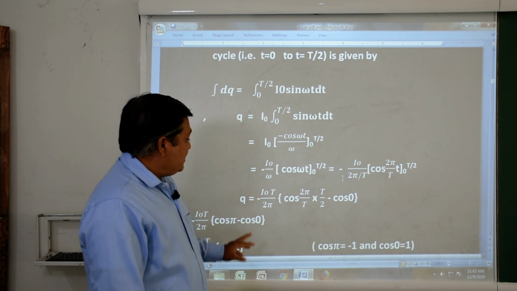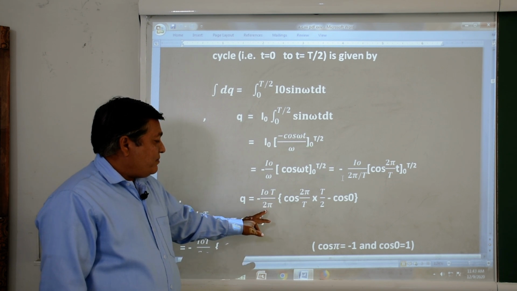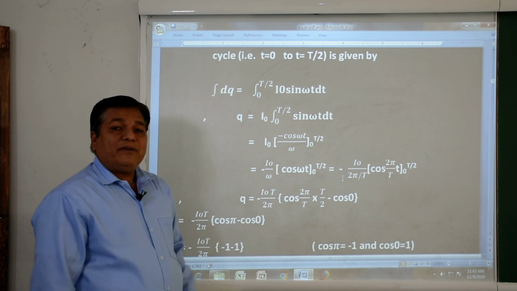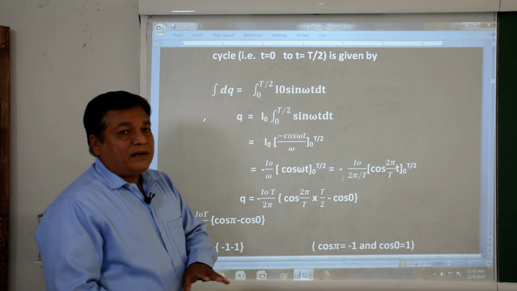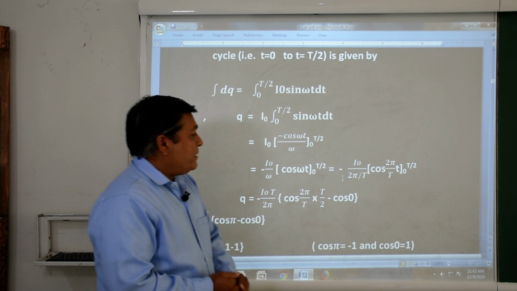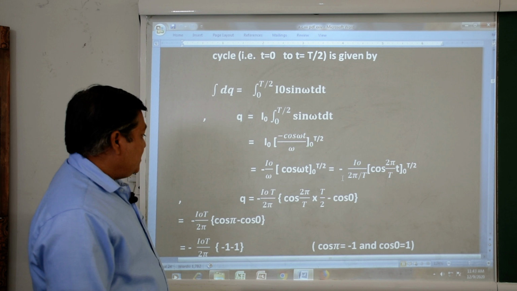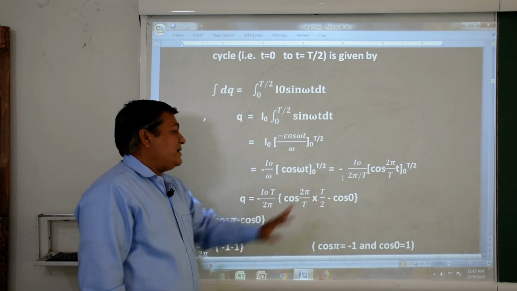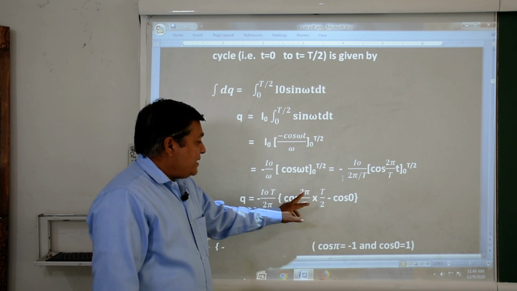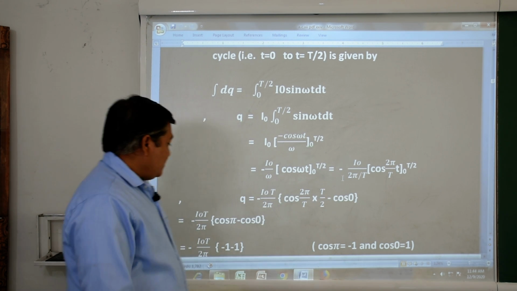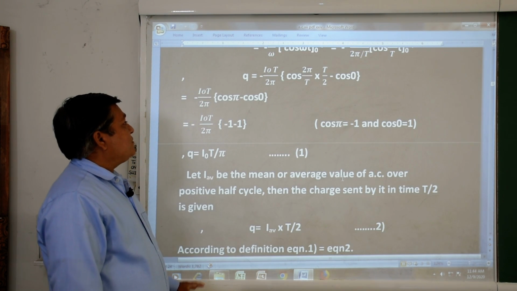Outside the bracket we get minus I naught capital T upon 2 pi, and in the bracket we get cos of 2 pi by T into T by 2, minus the lower limit, where the lower limit is 0. We can see that T is cancelled by T and 2 is cancelled by 2. So what do we get? In the bracket, cos pi minus cos 0.